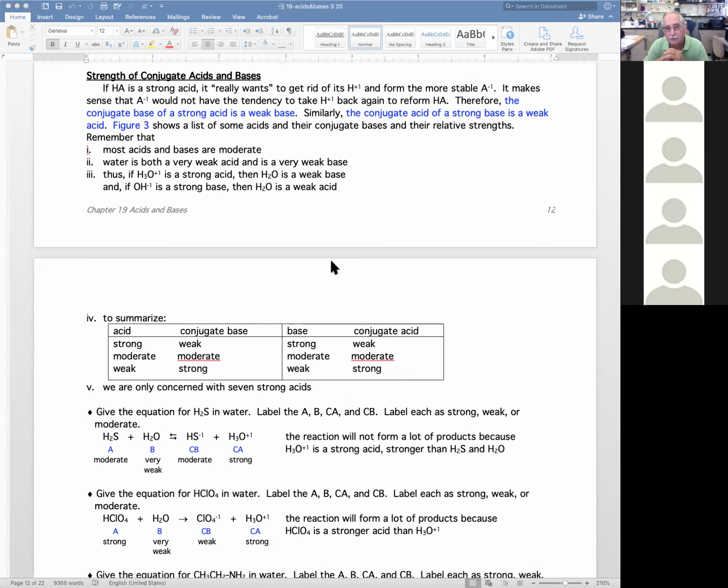If it does get rid of its H+, what is the likelihood that the A- will then take the hydrogen back again? The answer is not very great. So what that means is that the conjugate base of a strong acid is going to be a weak base. Same thing goes with a conjugate acid. If you have a strong base, the conjugate acid is going to be a weak acid.